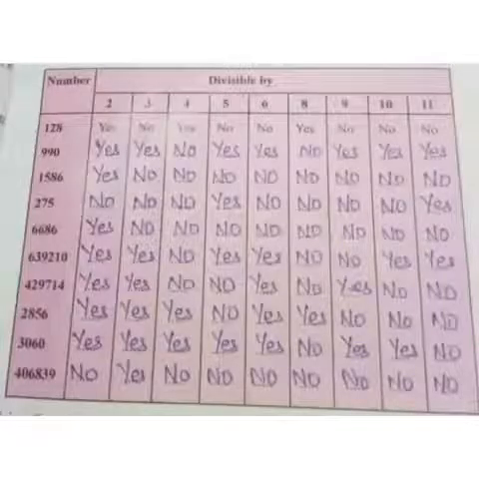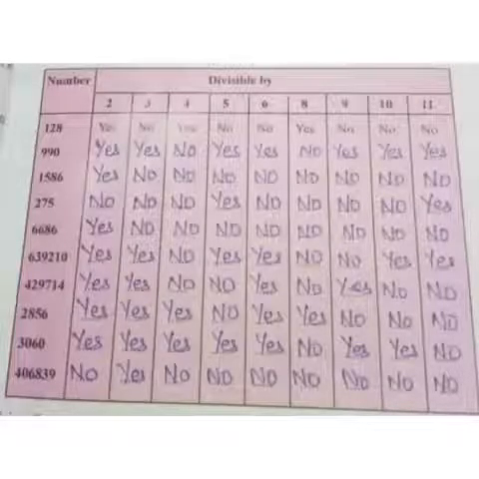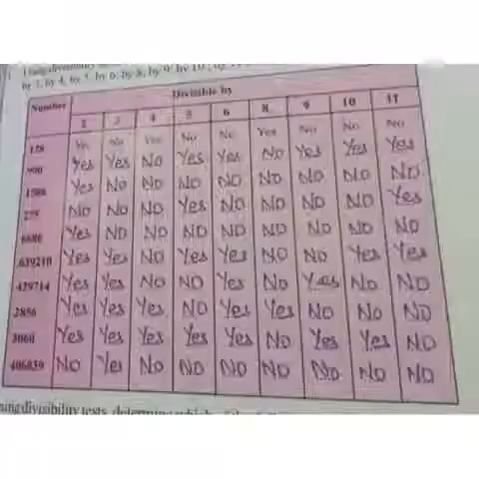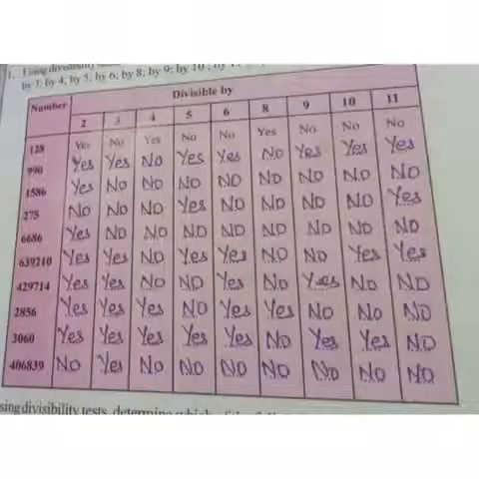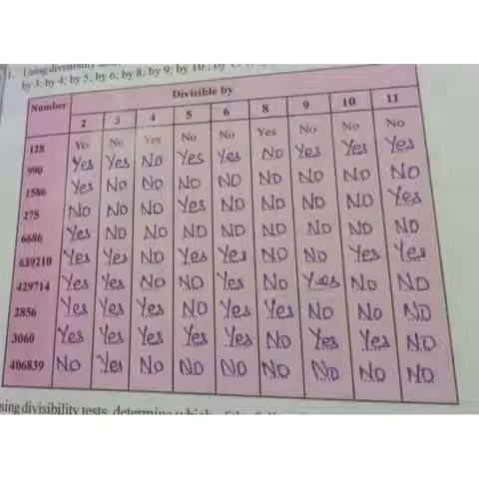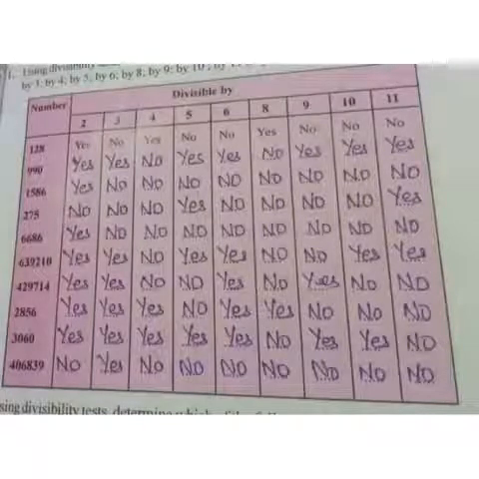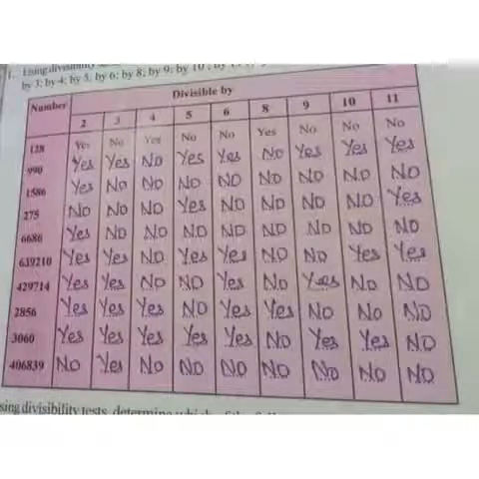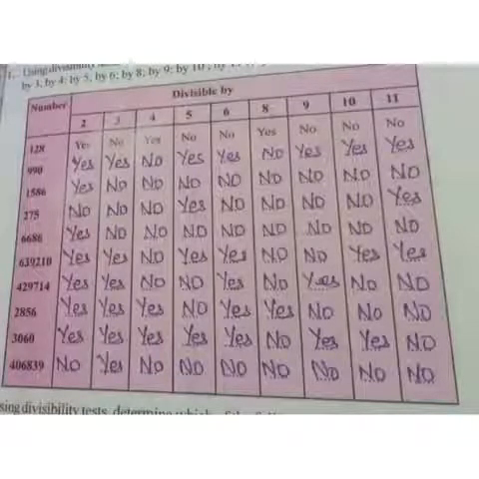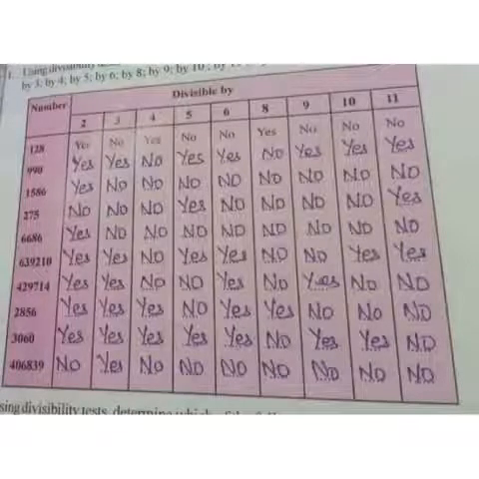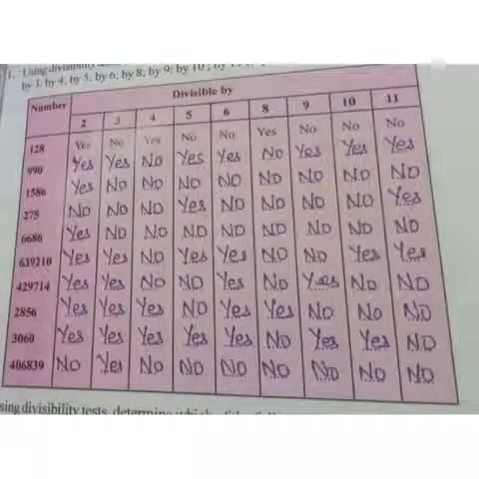Children, you can see that the first one is done for you and the second number is 990. So children, as there is 0 at the ones place, it is divisible by 2. Then when we are adding the digits, 9 plus 9, 18, it is a multiple of 3, so it is divisible by 3. Then fourth, you can see that it is not divisible by 4. 5, yes, it is divisible by 5 because 0 is at the ones place.